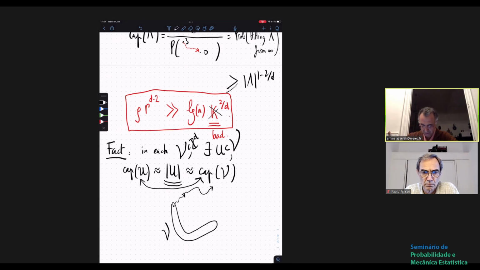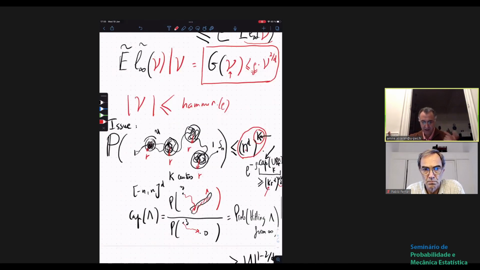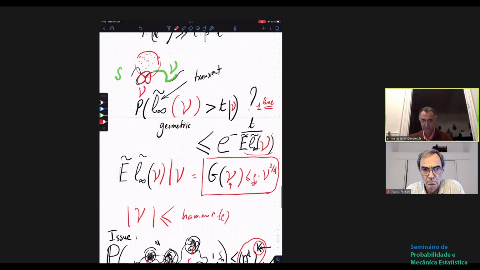If the random walk goes to infinity, keep the site. If it returns to V, forget about the site, don't keep it. So I throw walks independently, and I build a set where I keep only the sites which are exposed to infinity. This set has exactly the correct capacity, and it's much smaller. This gives us the optimal hammer to crush the problem.